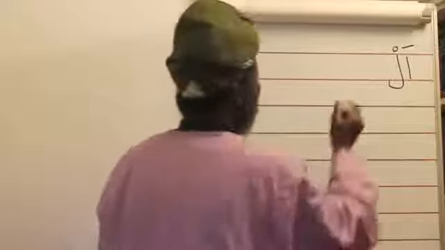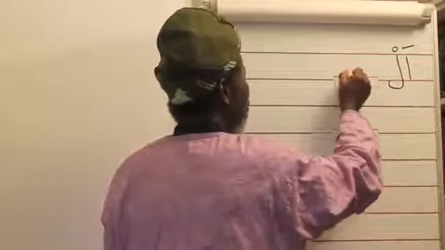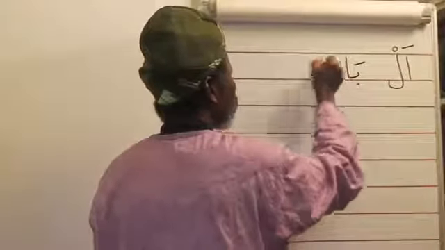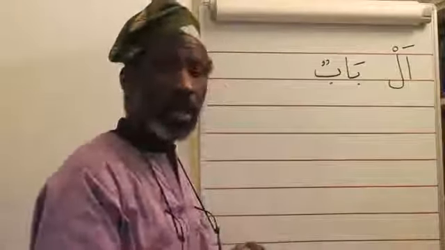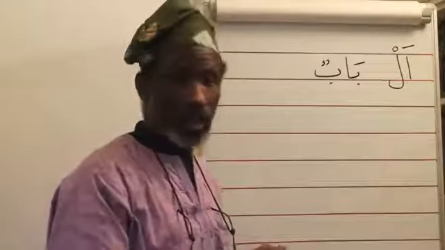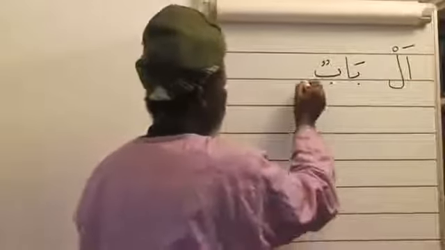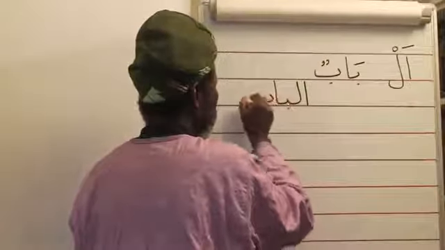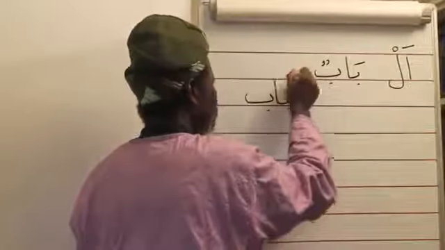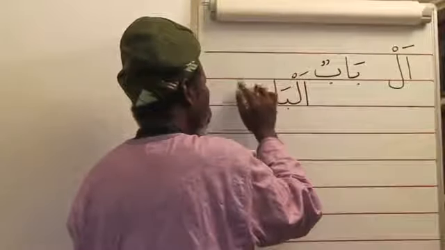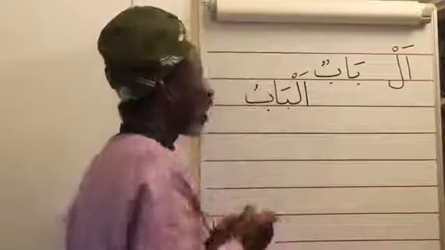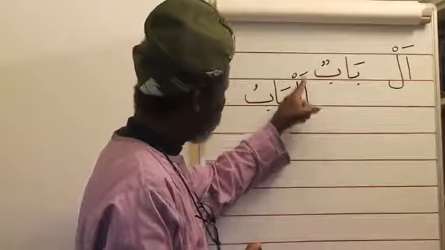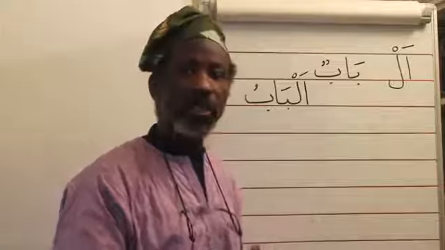For instance, if I say babun, a door, I want to say now the door. I need to put al. Babu, al babu. Now let's look at what is happening here. The L bit is pronounced in its totality.